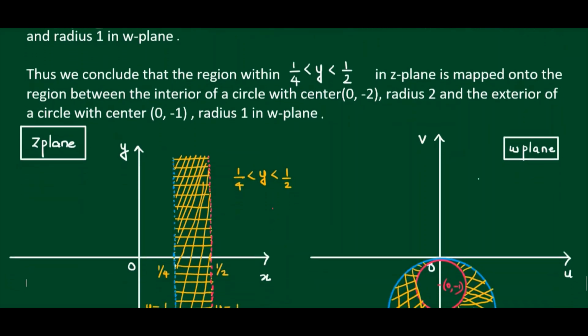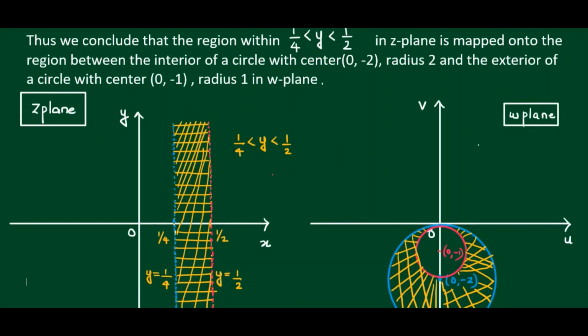When I have sketched these images, you may notice we have 1 by 4 less than y less than 1 by 2. Since it is a strict inequality, here I have put dotted lines, and then I have shaded the region between them. This is the region 1 by 4 less than y less than 1 by 2.